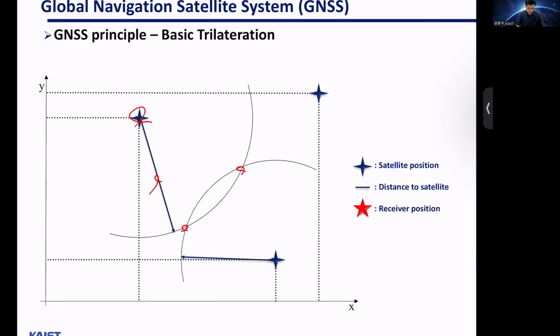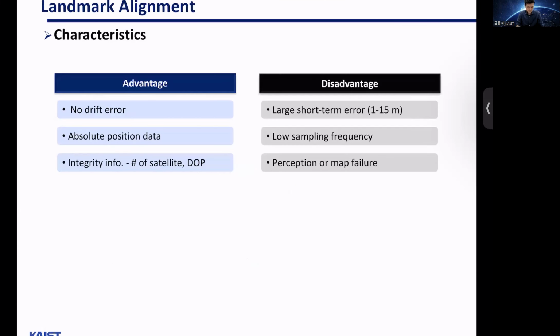And then we need a third satellite to determine which of these two positions is the actual position. So in this example, this is the position of the receiver. So this was a 2D example, and for the 3D case, you need one more satellite to determine your position.